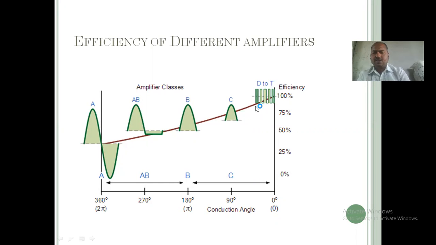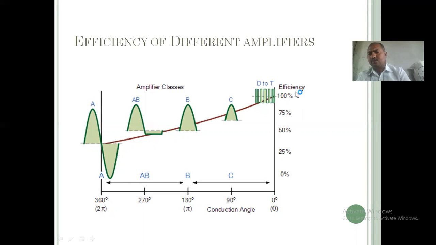Whatever signal is transmitted across your amplifier is converted into small pulses. Due to these small pulses, there is the highest amount of efficiency with the class D type of amplifier. This is not part of your syllabus, only related to the comparison. We should know about class D.